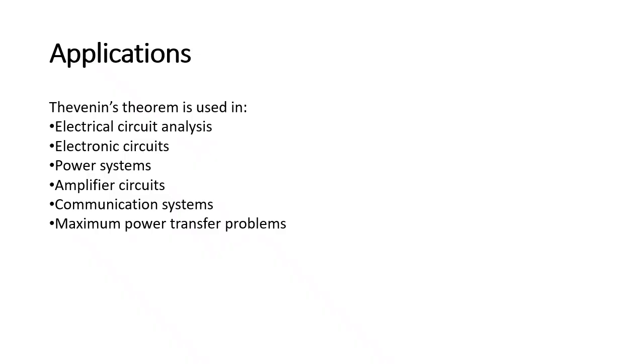Now, after calculating the VTH and RTH values, next we have to draw the Thevenin's equivalent circuit with the voltage source connected in series with the Thevenin's resistance, and the load resistance is reconnected across it. After redrawing this, we have to calculate the load current IL with the formula VTH by RTH plus RL. So this is the basic procedure for Thevenin's theorem.